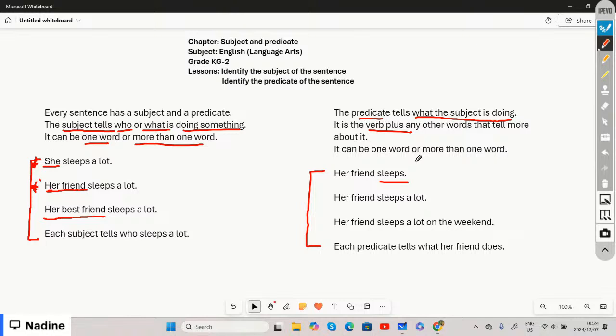So we said that our subject tells who or what is doing something. And we said a predicate tells us what the subject is doing. It's the verb, it's the action. So far we've identified sleeps. Next, her friend sleeps a lot.